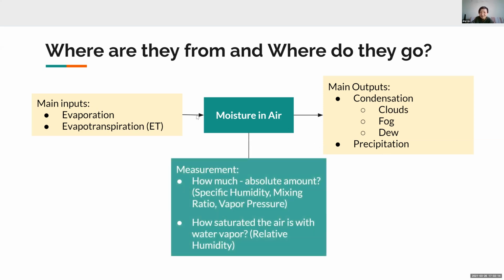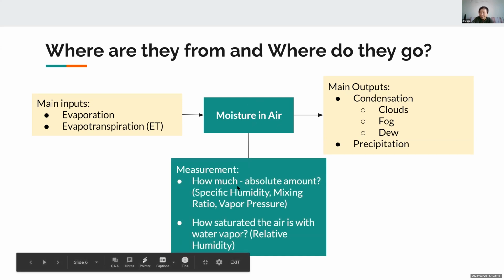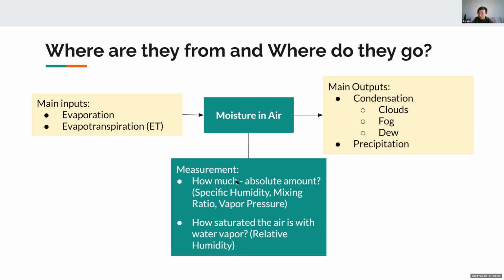And in between, we want to measure how much water is in our atmosphere. We have two ways. We can measure the absolute amount, where you use specific humidity, mixing ratio, or vapor pressure. For example, specific humidity gives you absolute grams, how heavy the water moisture in the air is.